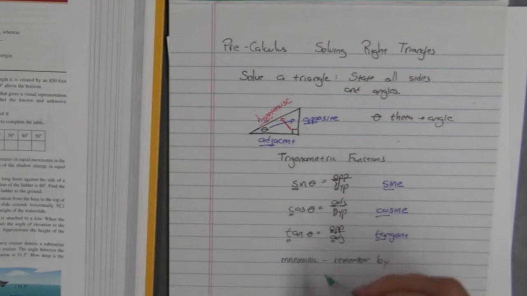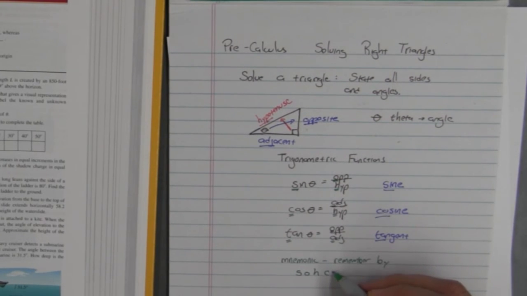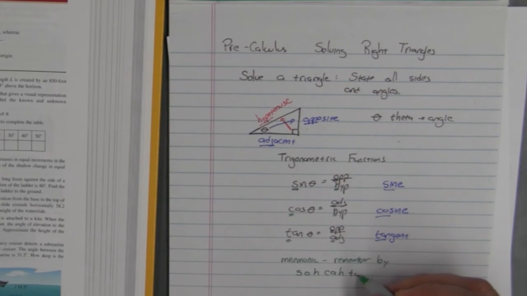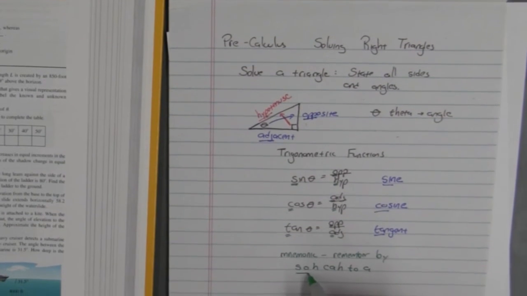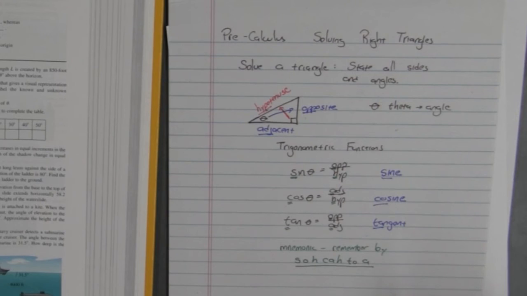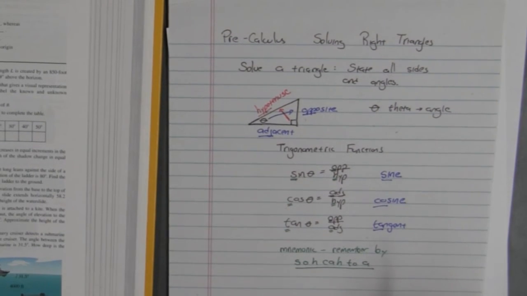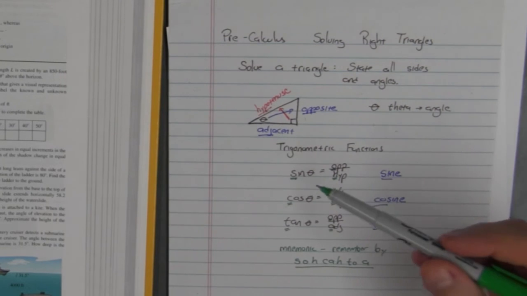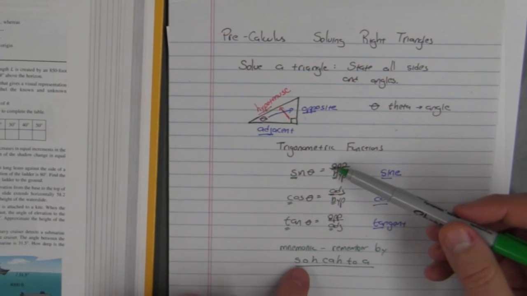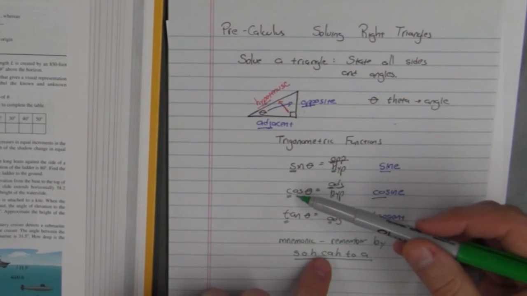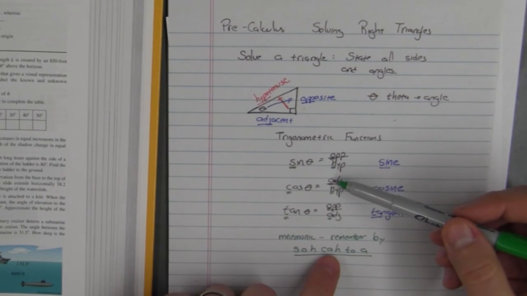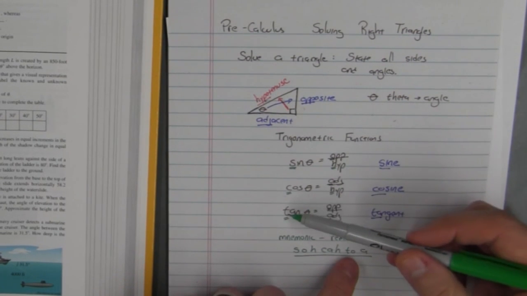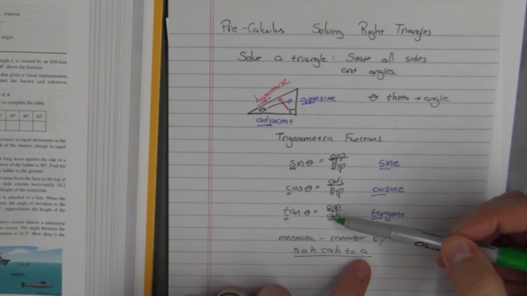People write these letters out in that order: SOHCAHTOA. And then they say this weird word, sohcahtoa. As long as you can remember how to spell SOHCAHTOA, you will know that sine is the opposite over the hypotenuse, cosine is the adjacent over the hypotenuse, and tangent is the opposite over the adjacent.